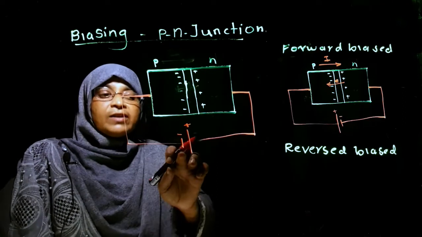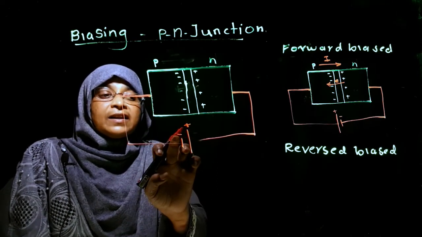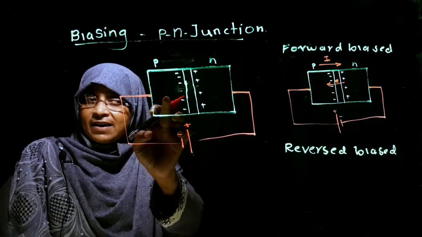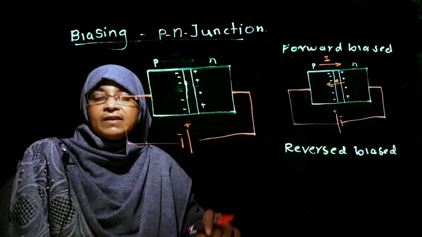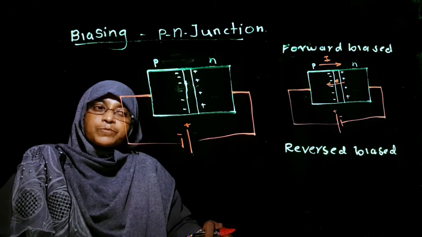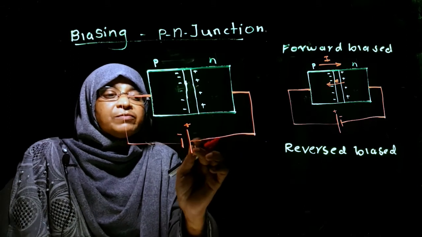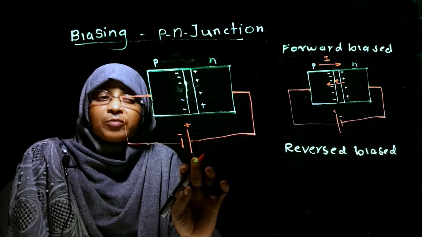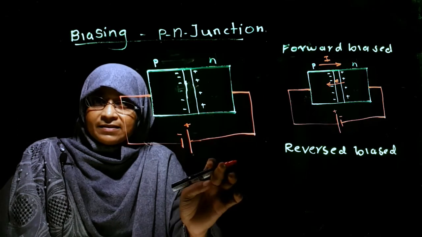Now I have connected this cell, negative potential to the P side, positive potential to the N side. What will happen? We know this positive potential attracts the electrons on the inside.